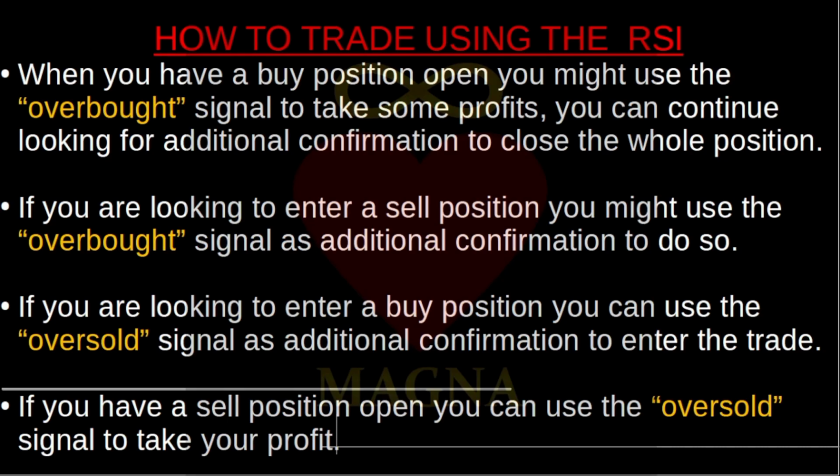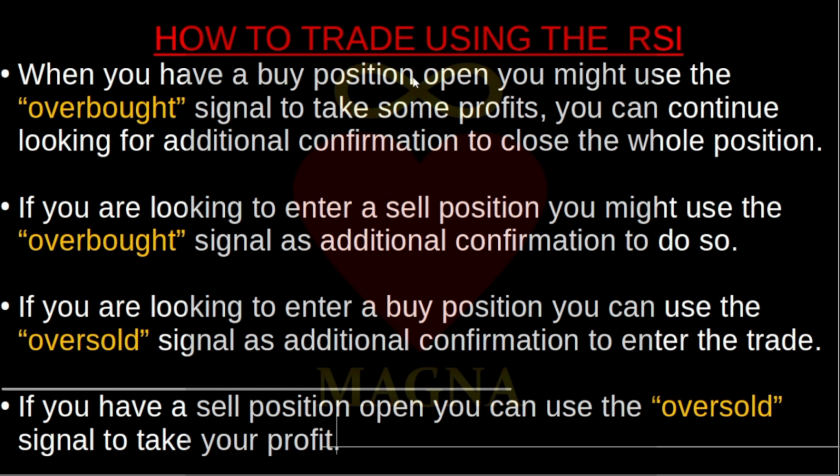How to trade using the RSI. When you have a buy position open, meaning that you are predicting the price will gain strength or go up in layman's language, you might use the overbought signal to take some profits.